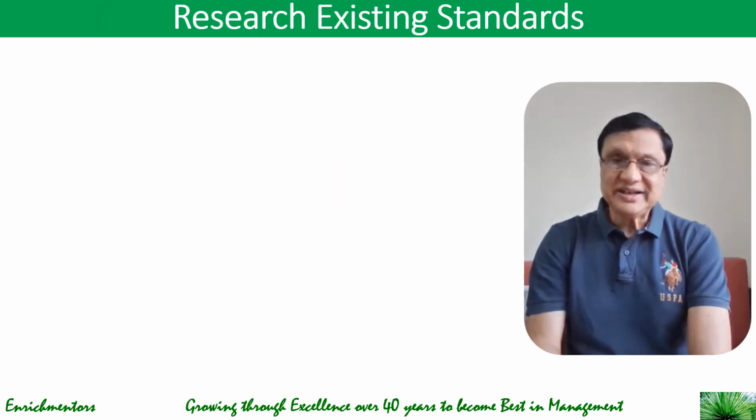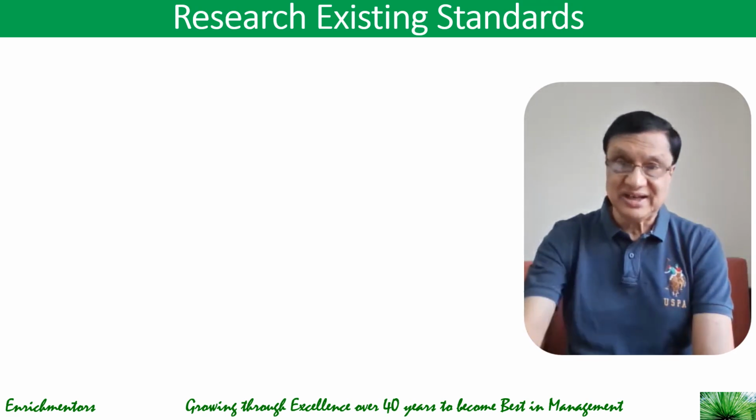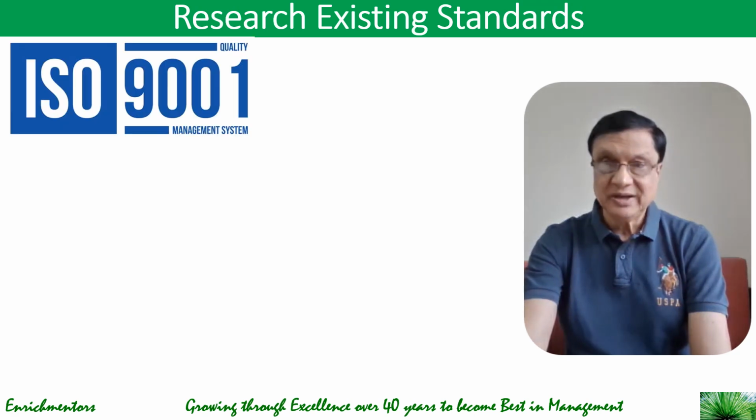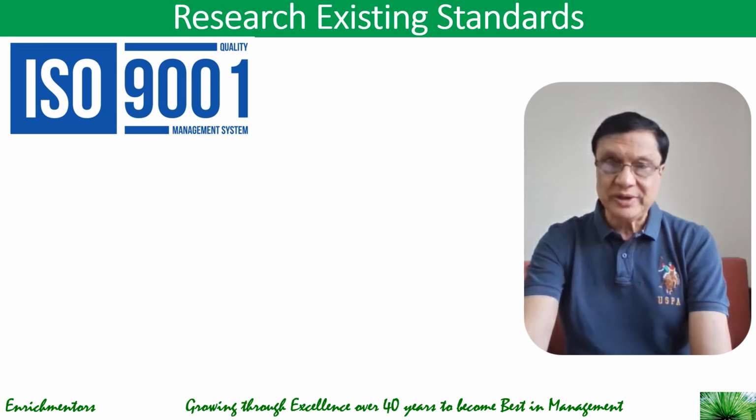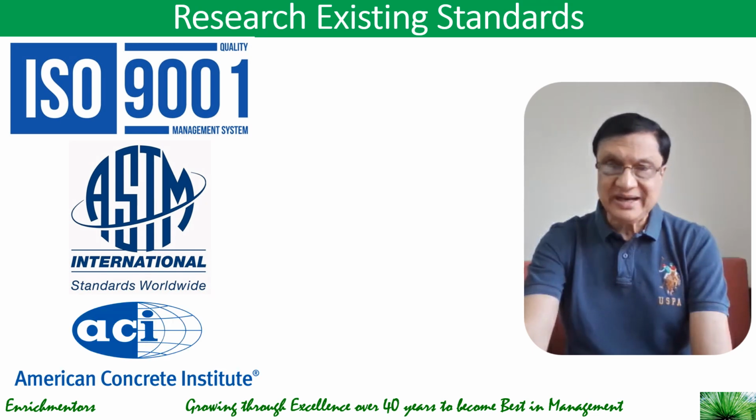Then you research existing standards. You refer to globally recognized standards, such as ISO 9001 for quality management systems. For material testing standards, you may refer to ASTM International. For concrete quality standards, you may look into American Concrete Institute standards.